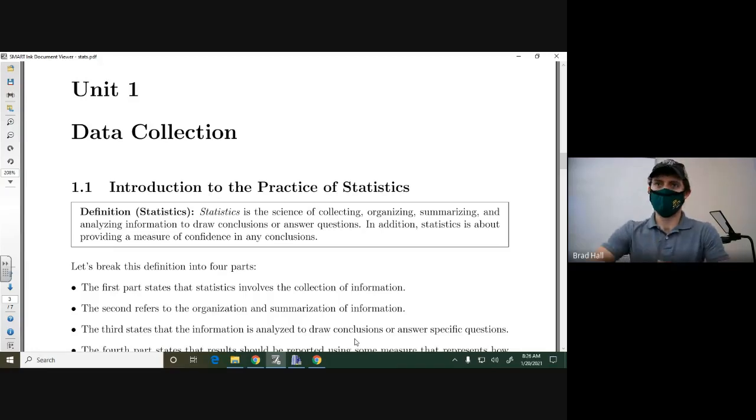Although statistics highly relies on numbers, it's not its primary contingency. In fact, that's a great segue for the definition here: statistics is really the science of collecting, organizing, summarizing, and analyzing information to draw conclusions or answer questions.